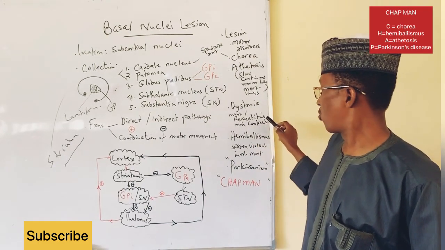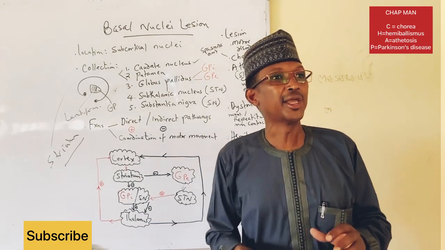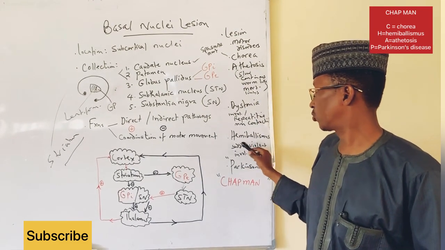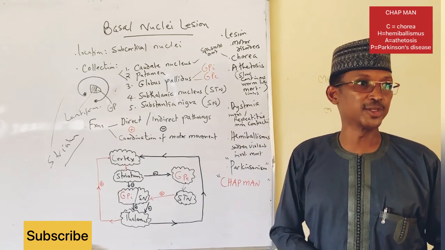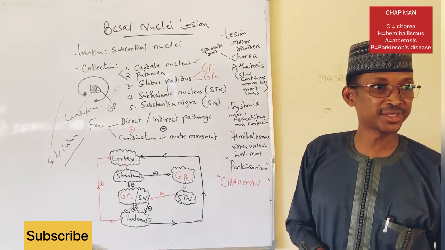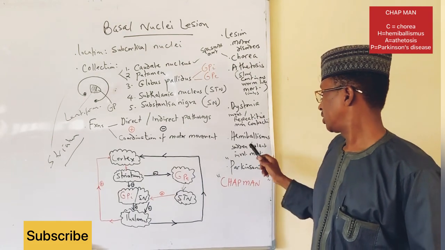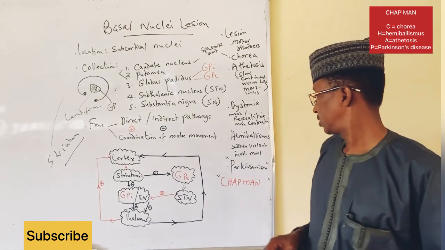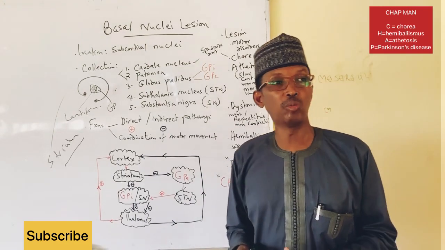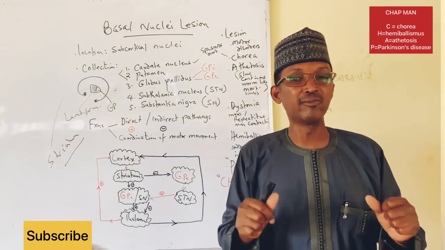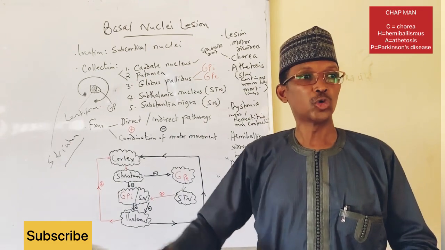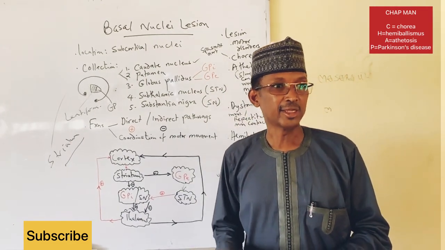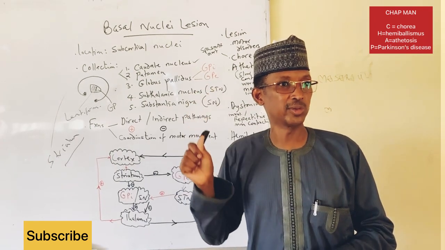So now you also have what you call hemiballismus. Hemiballismus, which is part of the complaints of a patient with basal nuclei lesion, is sudden and violent involuntary motor movement of our limbs. Your limb just suddenly moves, just like you see it taking place.